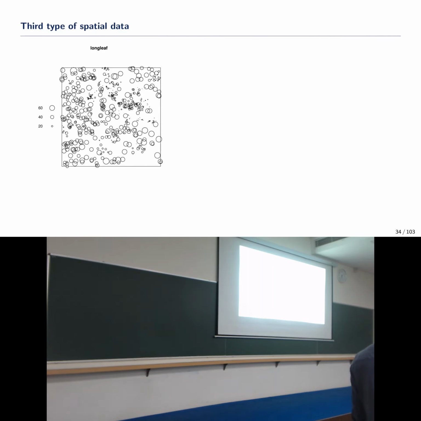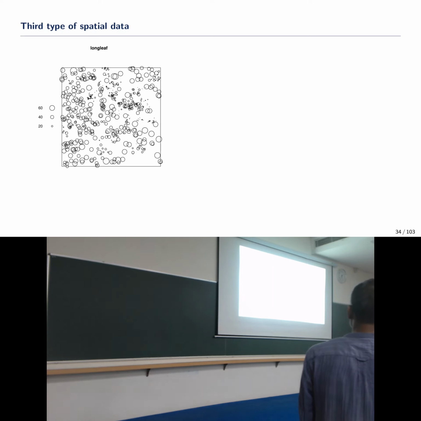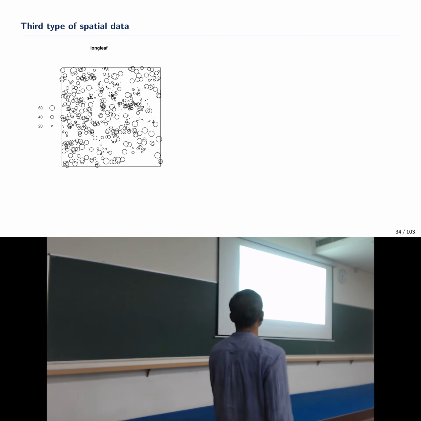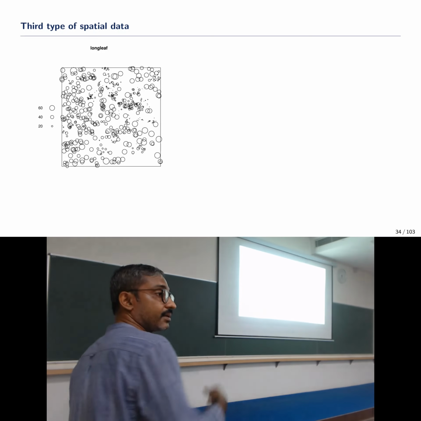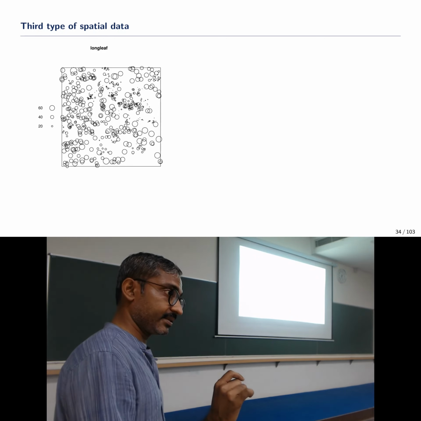Apart from this, we have also considered the width of the trunk of the tree, and that is recorded as well. That is why the circles denote the trunk of the pine trees that you obtain.